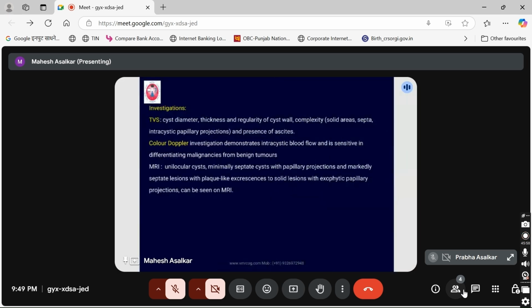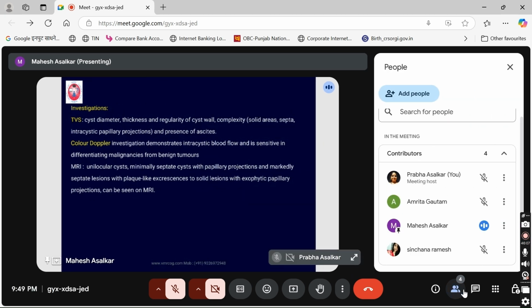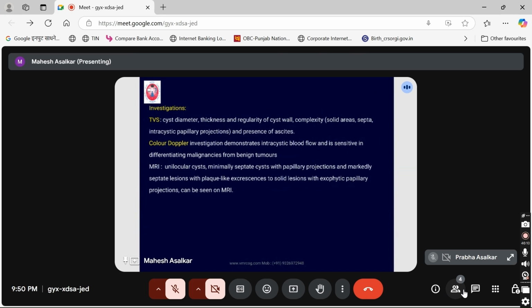Then investigations: we can carry out TVS. It will give us the cyst diameter, thickness, regularity of the cyst wall, complexity, that is solid areas, septa, then intracystic papillary projections, and presence of ascites. Color Doppler investigation demonstrates intracystic blood flow and is sensitive in differentiating malignancies from benign tumors.